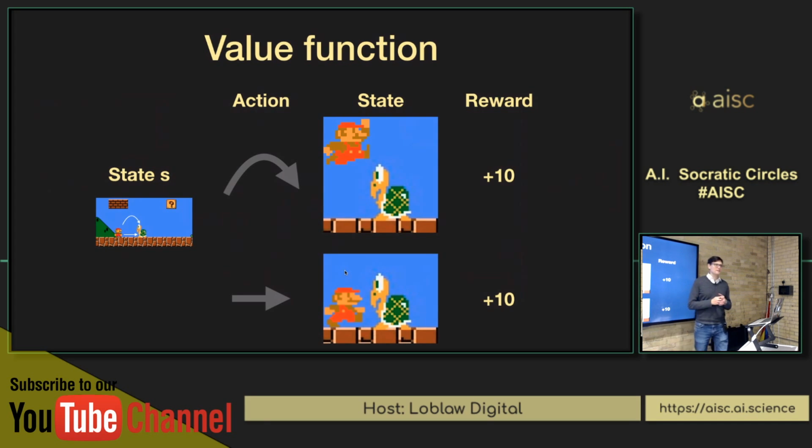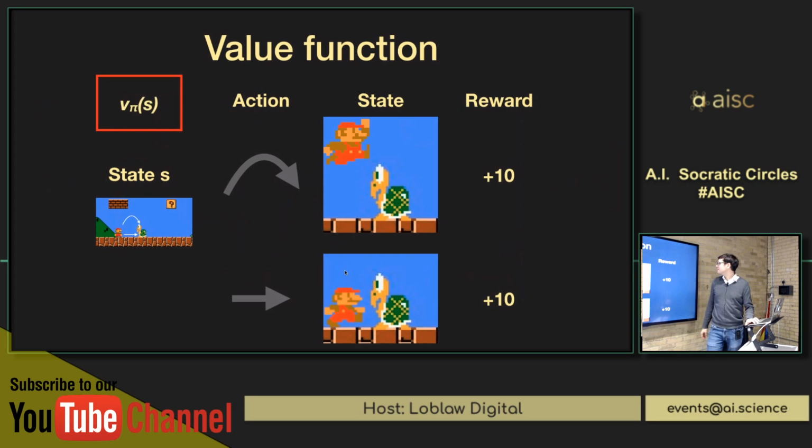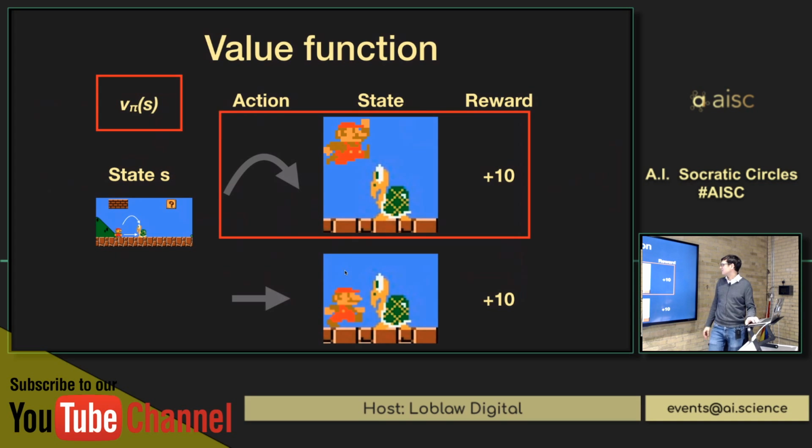So depending on what you understood from what the state value function does, which of these two states has a higher value? The upper one, exactly. The upper one has a higher value because they both give you the same rewards, but here your future rewards are very low because you're going to die. And here you're going to jump on top of the Koopa and then you continue.